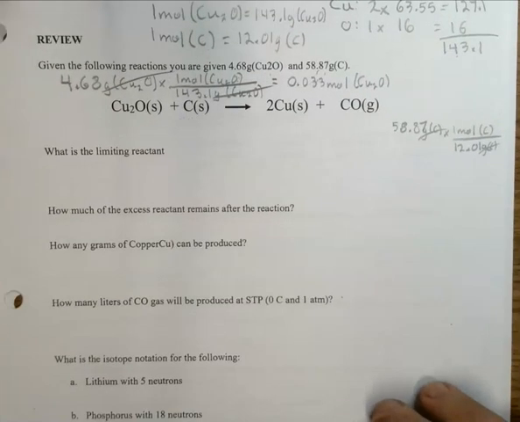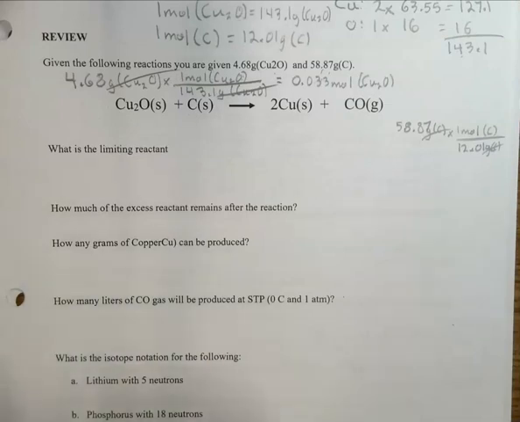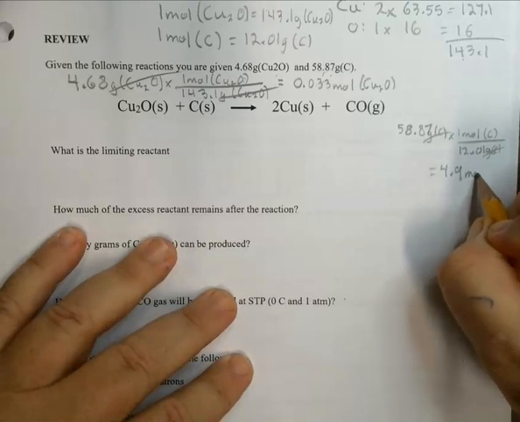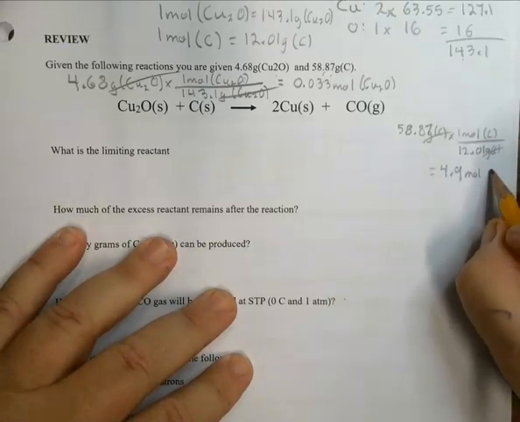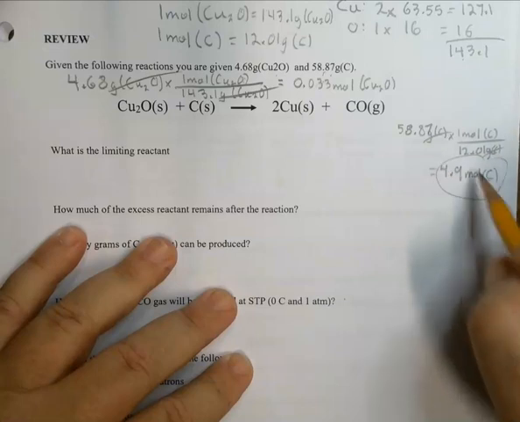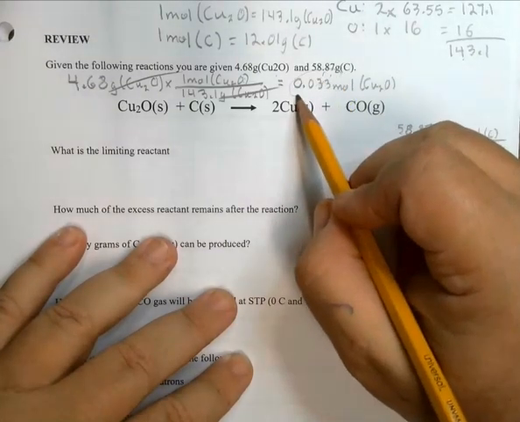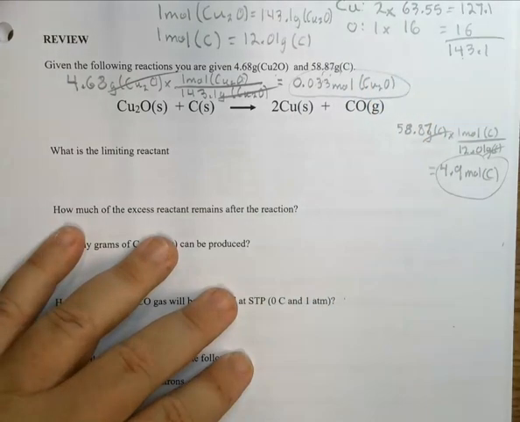I'm off screen, sorry about that. Okay, 58.87 divided by 12.01, boom. 4.9. So we have 4.9 moles of carbon. We have 0.033 moles of Cu2O.